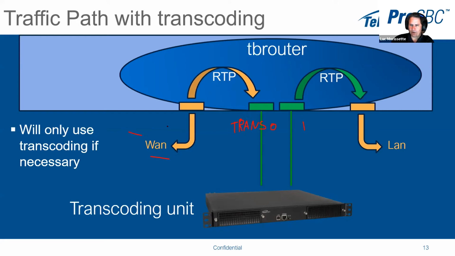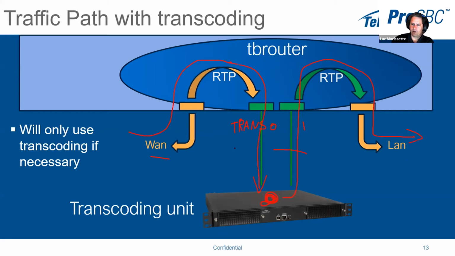When you receive traffic here and it needs to be transcoded, the TB router will say, okay, I will reserve a resource here on this device. We will send a certain type of traffic on the transcoding device, and then it's going to be sent back out to the other network.